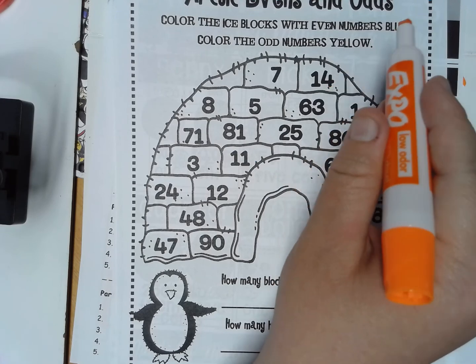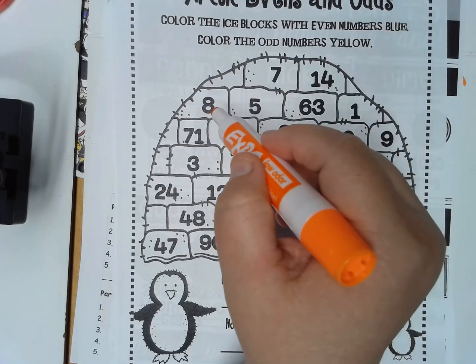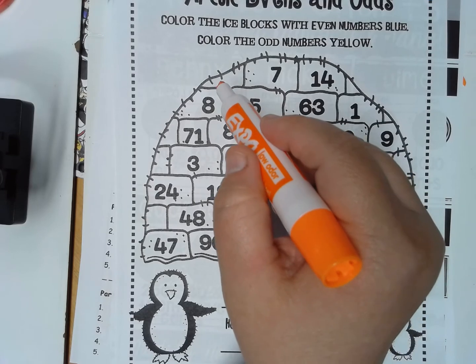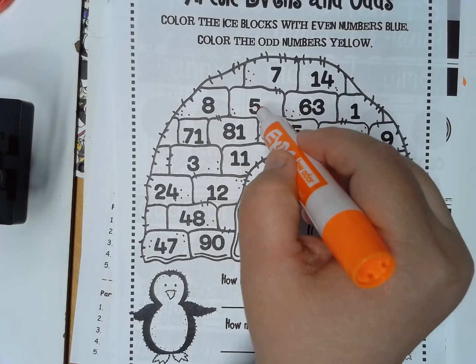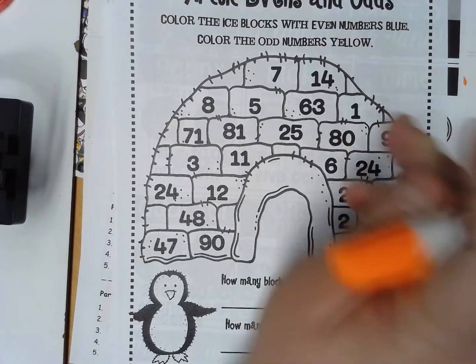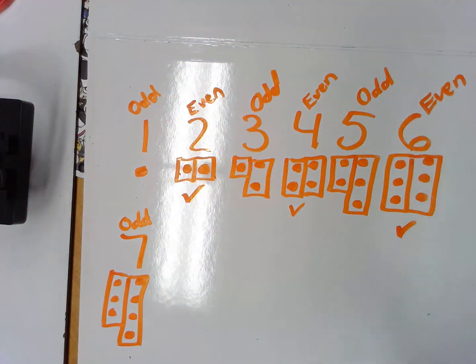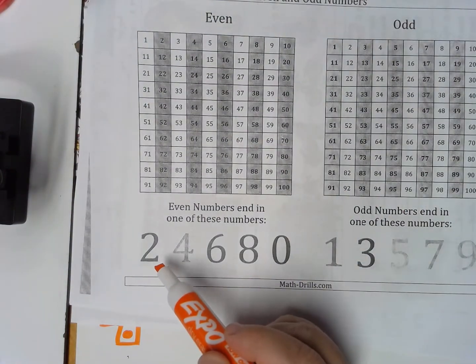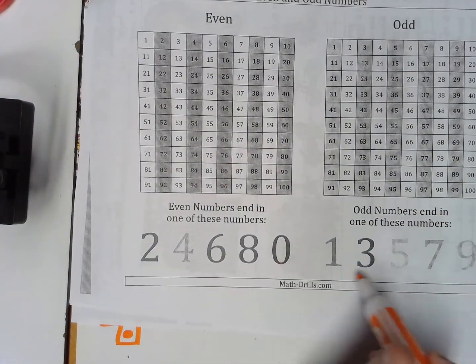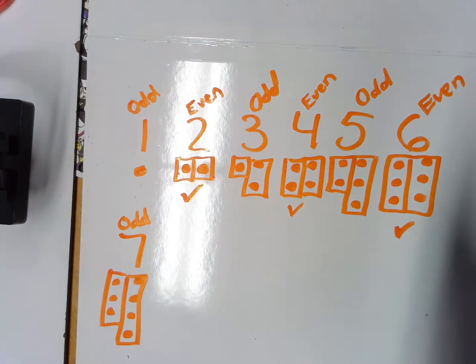That makes it blue. It is even. 8 is one of our even numbers, but 5 is odd. You're going to color these according to this chart right here, finding the numbers that are even and odd. That is our first page of evens and odds.